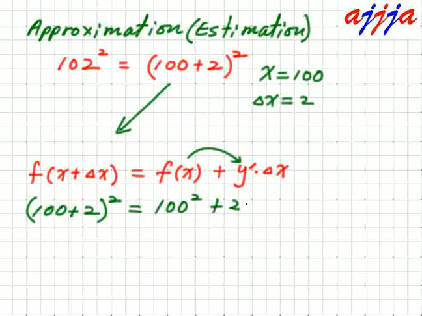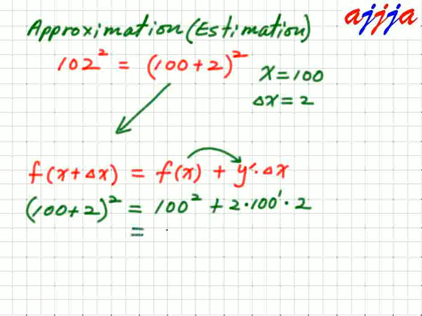Then 2 goes in front, then 100 to the 2nd power minus 1, which is the 1st power, so we don't have to worry about that, times the difference right here, delta x, which was 2.